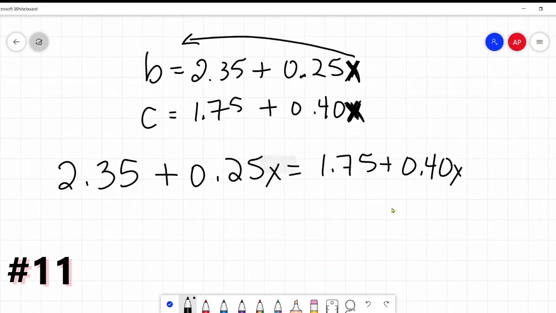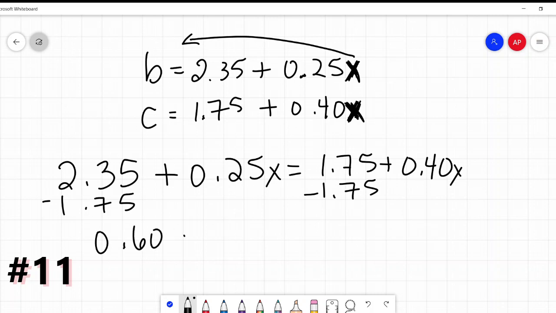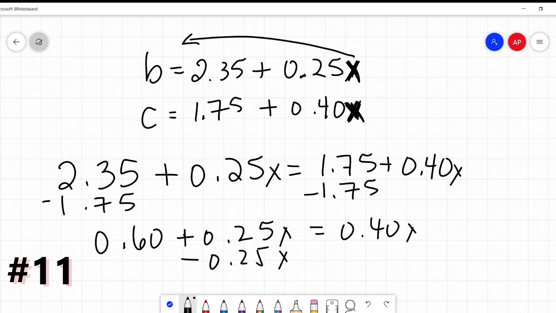Now let's solve for X. That's part one, but that's an important part. All right, first I'm going to subtract $1.75 from both sides. I get 0.60 plus 0.25x equals 0.40x. Then I'm going to subtract 0.25x from both sides.